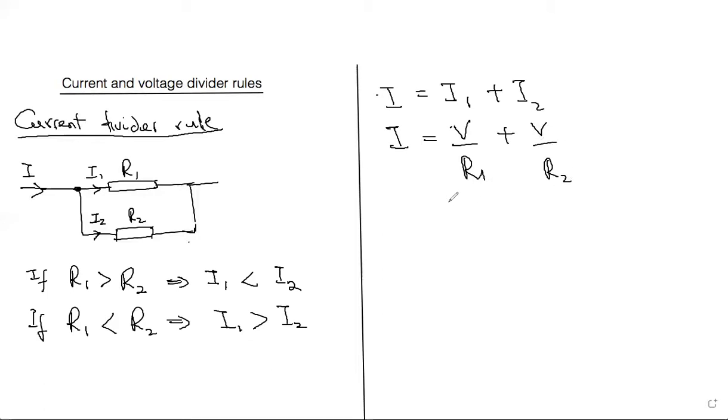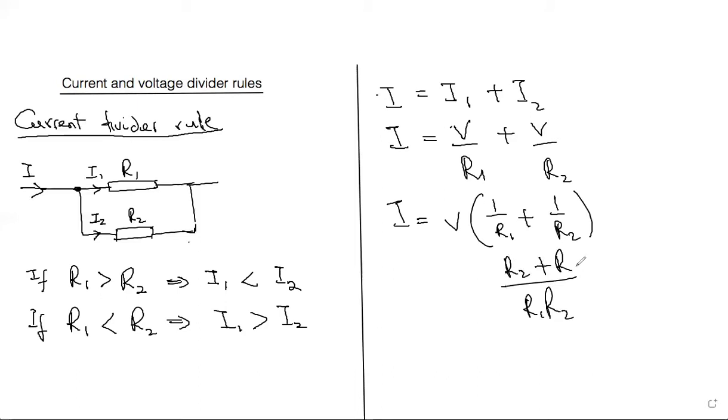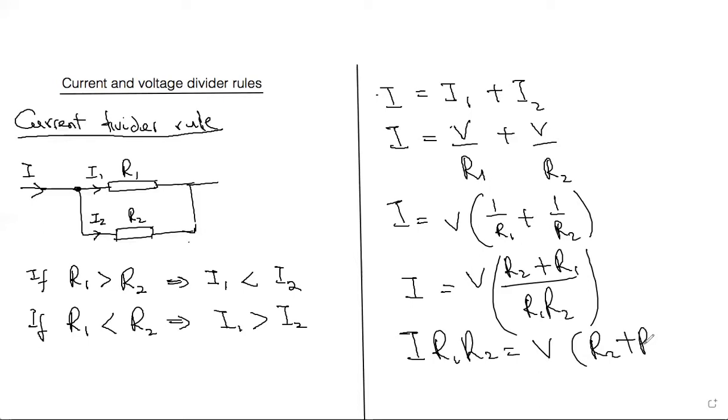Okay, so I can factorize the V out: 1 over R1 plus 1 over R2. If I simplify this, I will have R1R2 as the LCM, and this will be R2 plus R1, over R1R2, times V equals I. By cross multiplying here, I'll have I R1 R2 equals V times R2 plus R1.